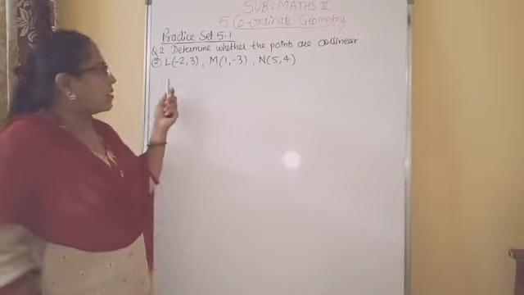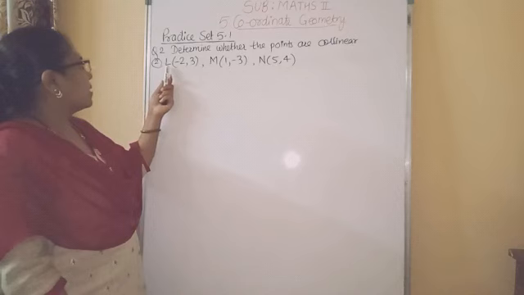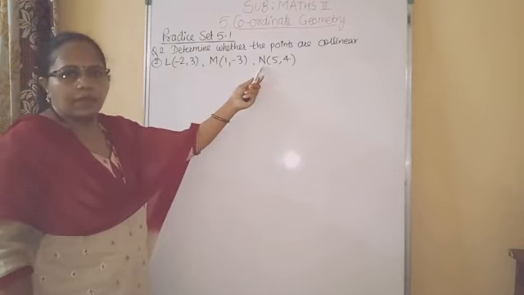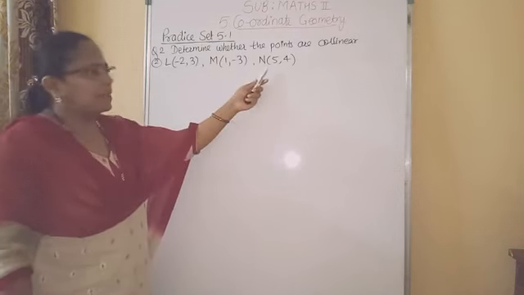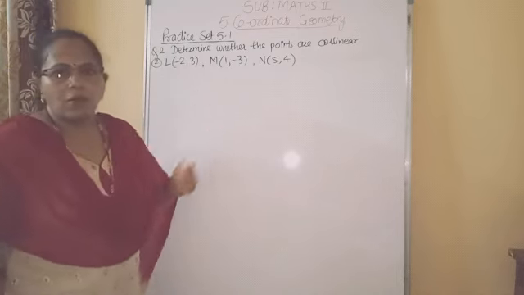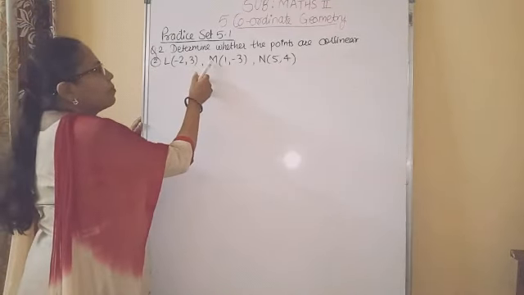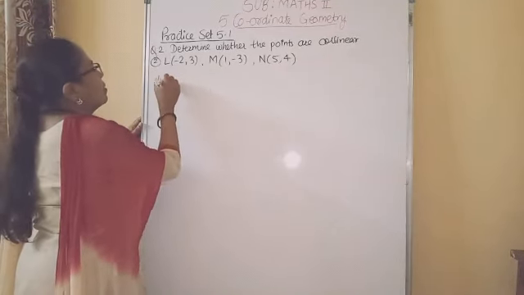Followed? We will see one more example from question number 2. Points are given L, M, N and their coordinates are given. So we will decide whether they are collinear or non-collinear. First we will find out the distance between point L and M, LM.